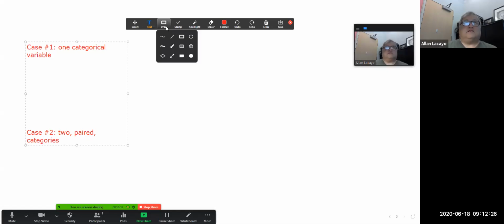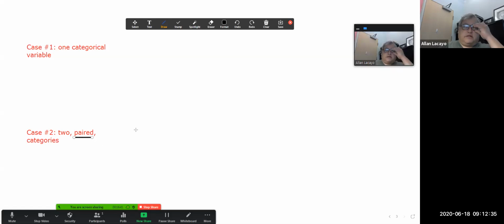And the key is, notice how there's this word here, paired. What we're going to look at when we look at paired categories is not only counting how often each categorization occurs, but also how the two categorizations basically interweave with each other. And that's going to help us measure association as opposed to just frequency.